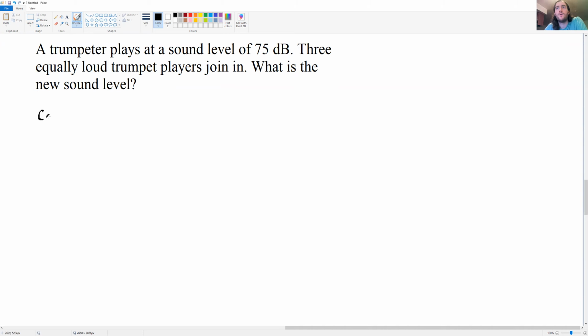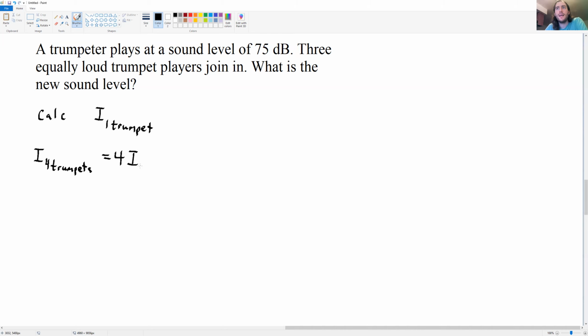First we want to calculate I for one trumpet, and then we want the intensity of 4 trumpets, which is going to be 4 times 1 trumpet.